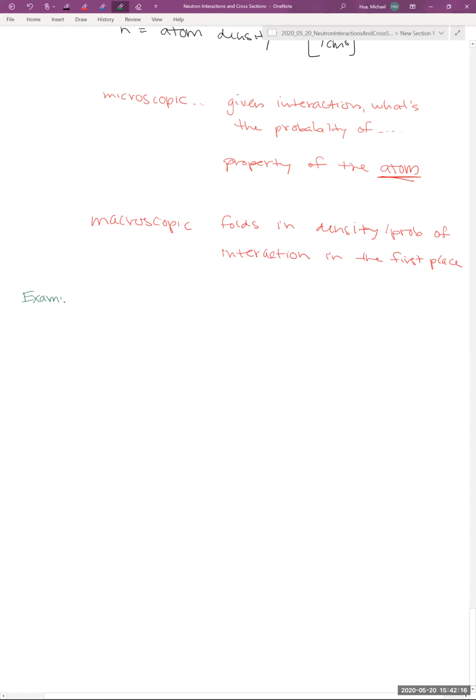The first is just a throwback to stoichiometry or unit conversion, and it's convert uranium dioxide's weight density, which is 10.97 grams per centimeter cubed, to number density, in units of number per centimeter cubed.